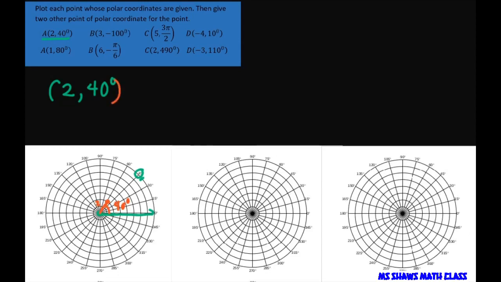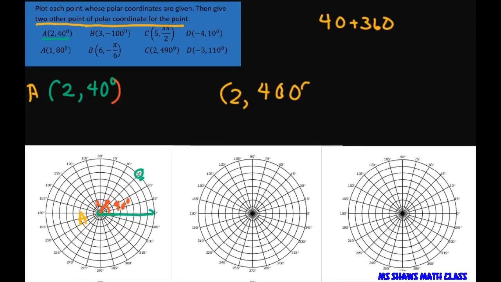Now it says plot two other coordinate points for the given point. So this is point A. So for another point, we can take 2 and add 360 to 40. And that gives us 2, 400 degrees.